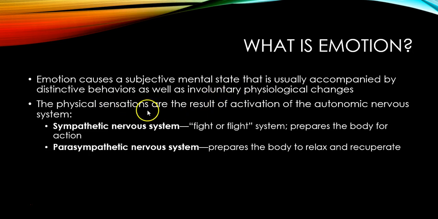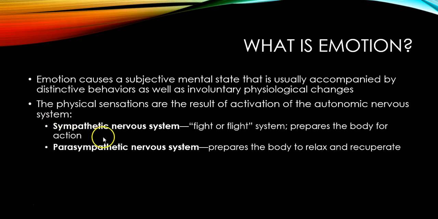And these physical sensations, these physiological changes are the result of the activation of our autonomic nervous system. We talked about the autonomic nervous system or automatic nervous system in the beginning of the class. And we have two divisions of your autonomic nervous system.